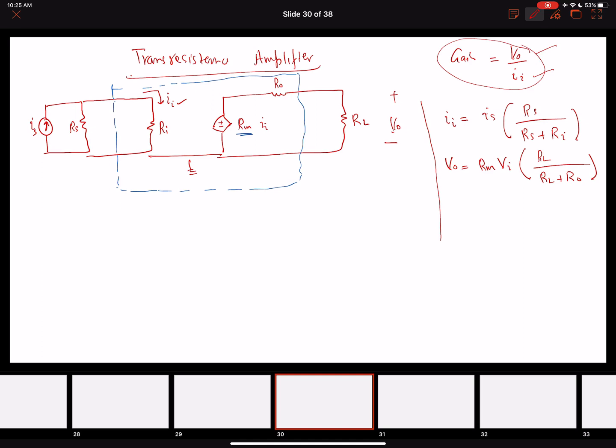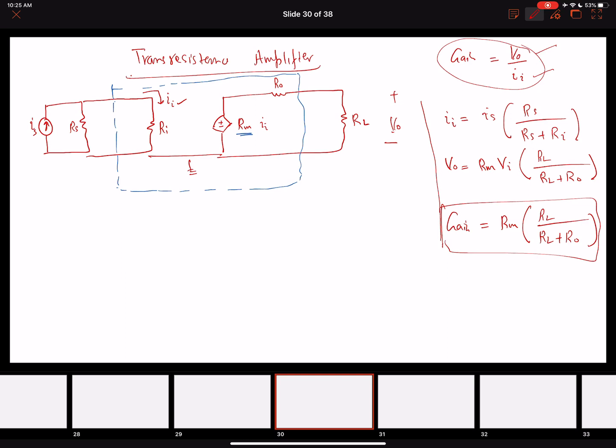So our trans-resistance gain becomes Rm times RL over RL plus R0. This is the trans-resistance gain of the amplifier.